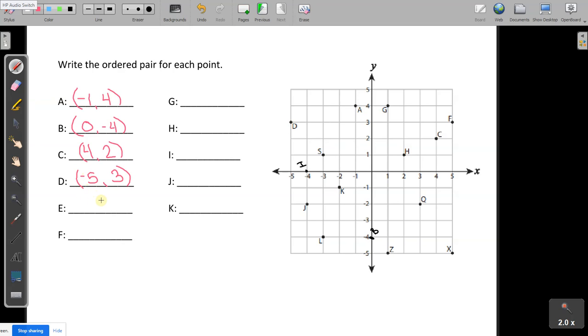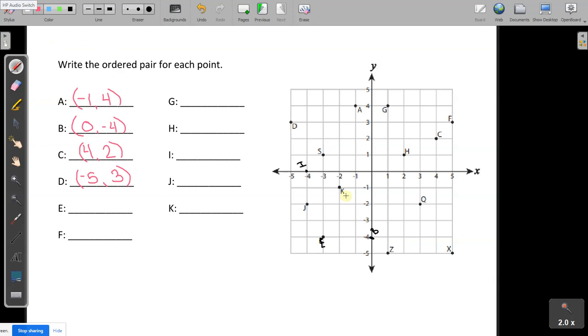E, okay. E is this point right here. We don't have an L. There we go.